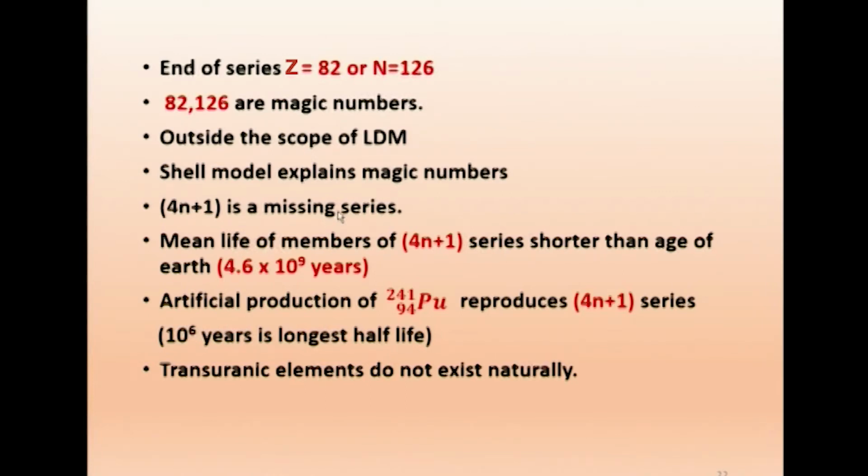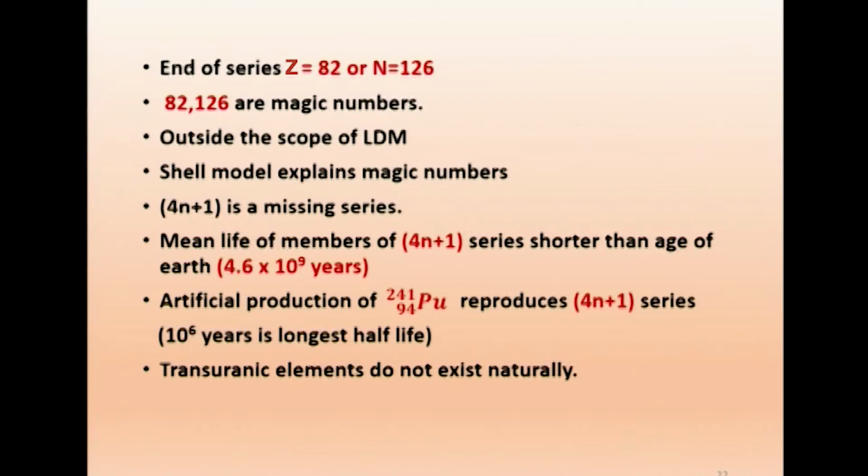We have the series we mentioned, 4n, 4n plus 1, 4n plus 2, 4n plus 3. If you take a radioactive rock, you will find all the series available, except that the 4n plus 1 series is missing. It is only predicted, it is a missing series. Why is it missing? When you have 4n, 4n plus 2, 4n plus 3, there must be 4n plus 1 also available.